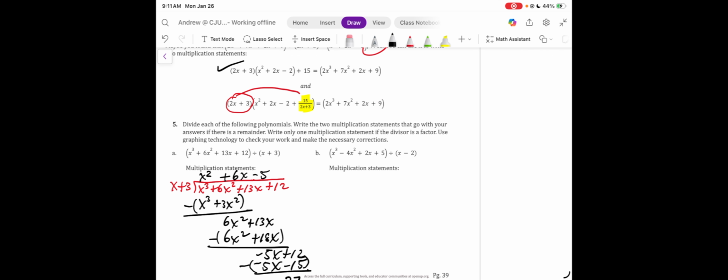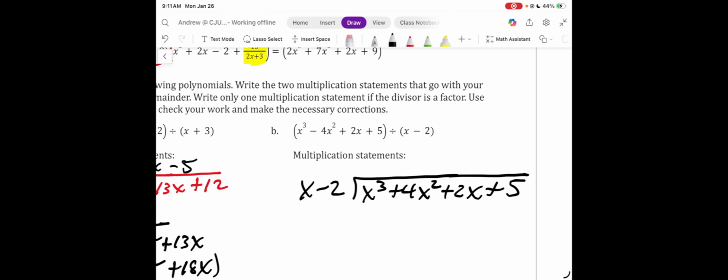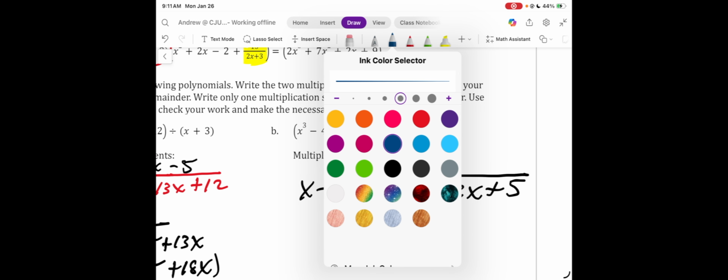So let's see. X minus 2 into x cubed plus 4x squared plus 2x plus 5. Let's get a different color going here. How about blue? So x squared gives me x cubed minus 2x squared. 4 minus negative 2 would be 6x squared.